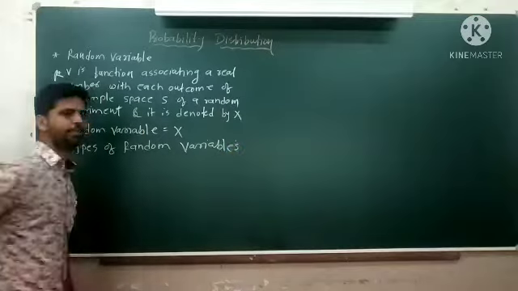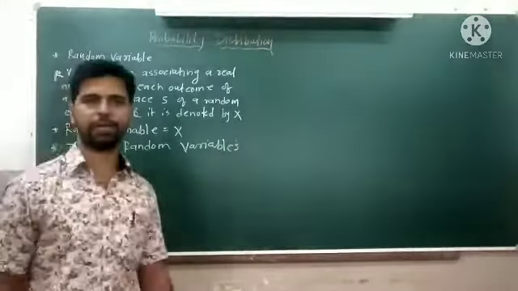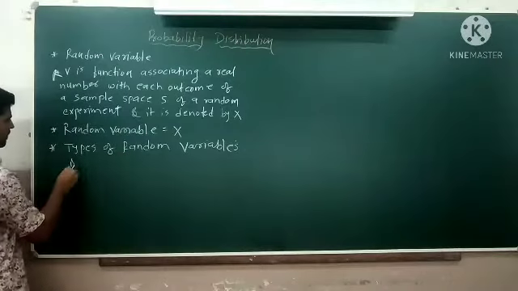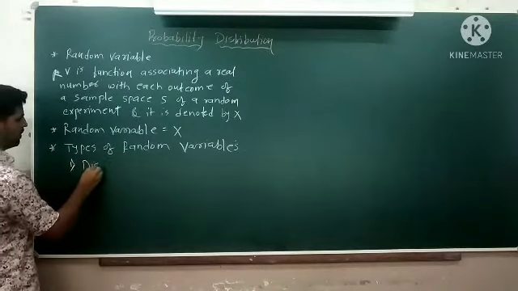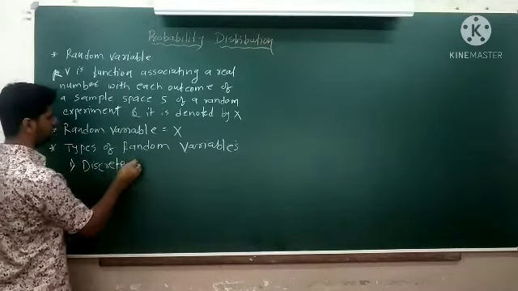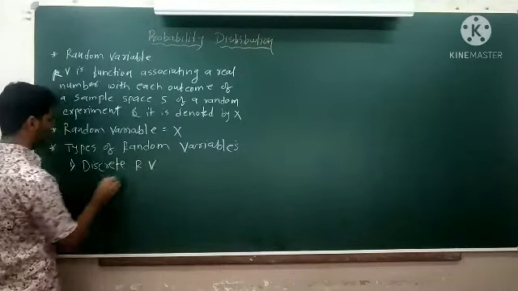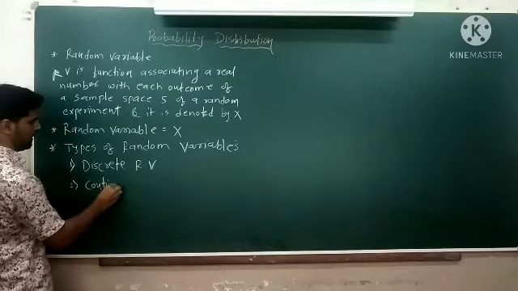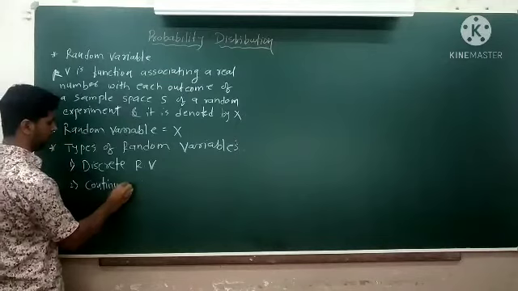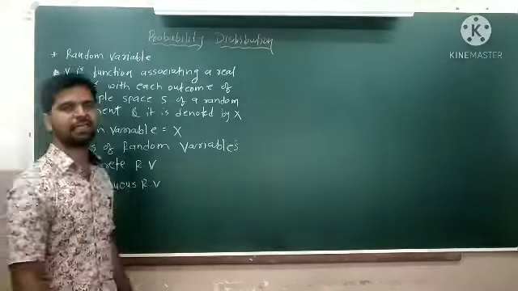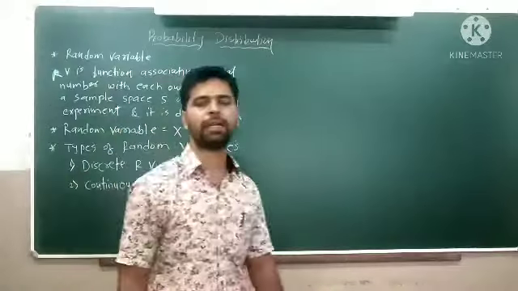Basically there are two types: number 1, discrete random variable, and number 2, continuous random variable. Now what are discrete and continuous random variables?